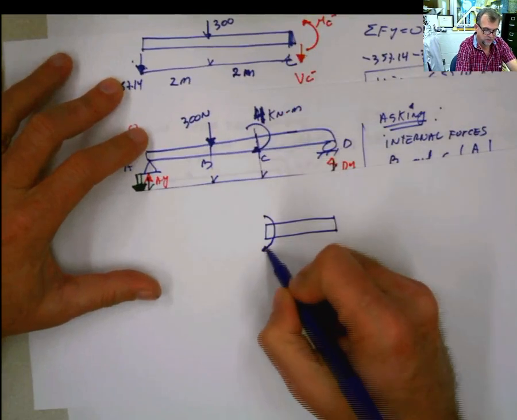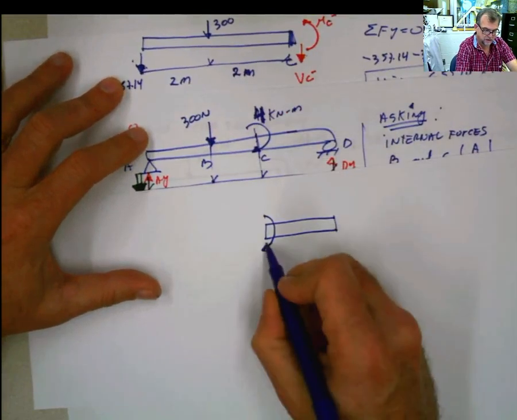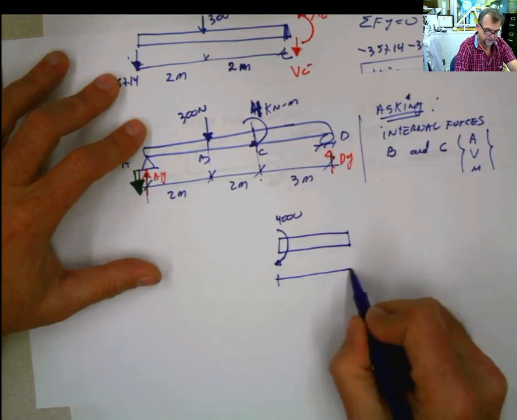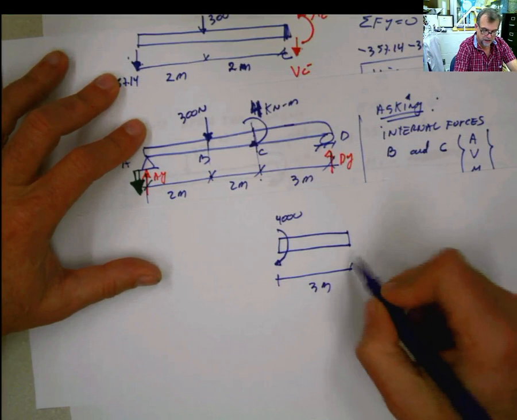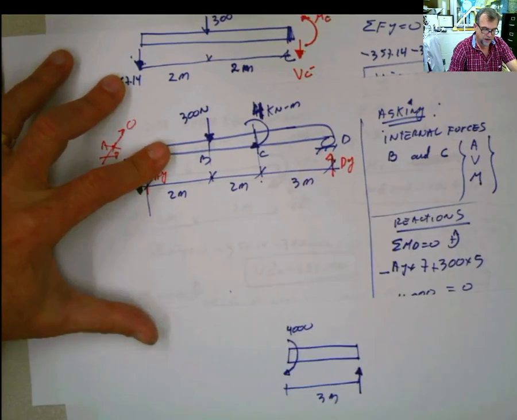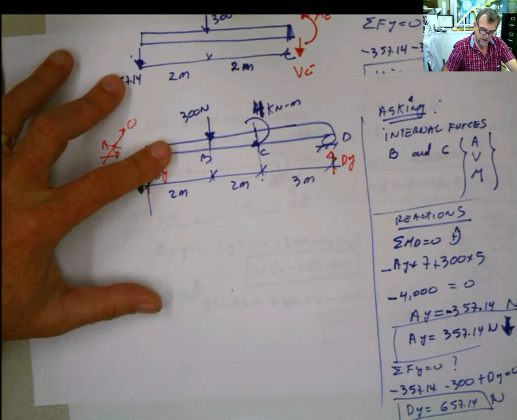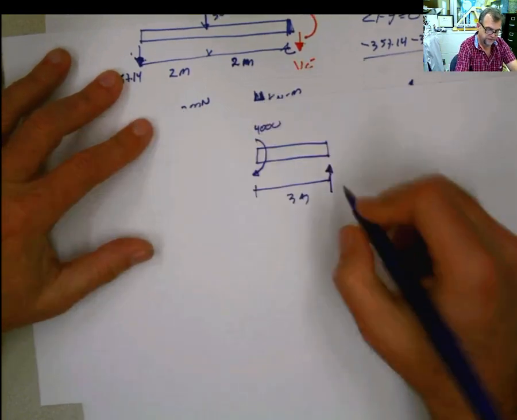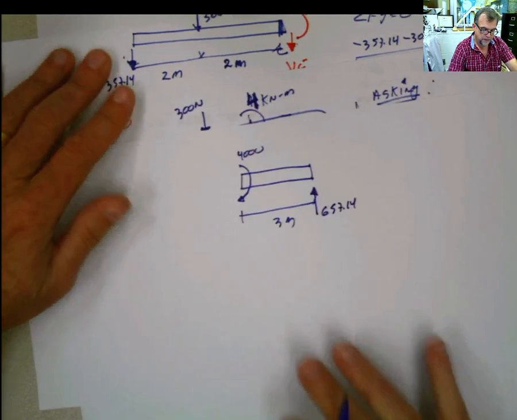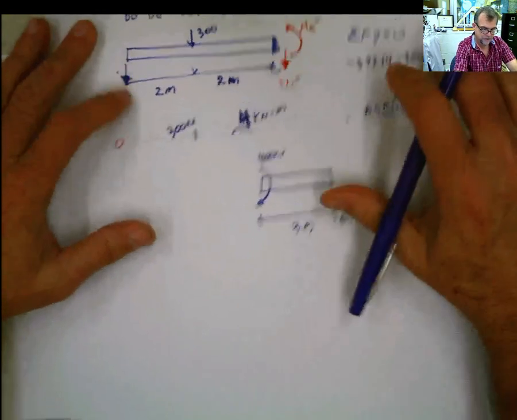That means that the moment was in this side, 4,000, and this distance is 3, and this is 657.14. However, this is easier.